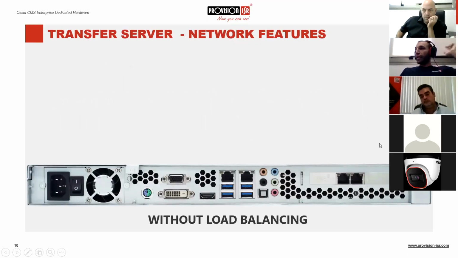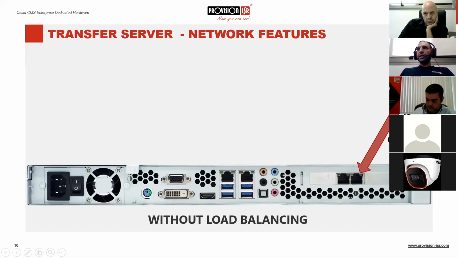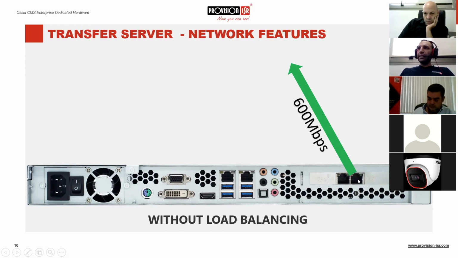Okay, but let's say now the media server needs to stream 600 megabit per second of data. So it will come in. And now without load balancing, what will happen? All the data will go out from one port. All the 600 megabit per second will go out from one port.